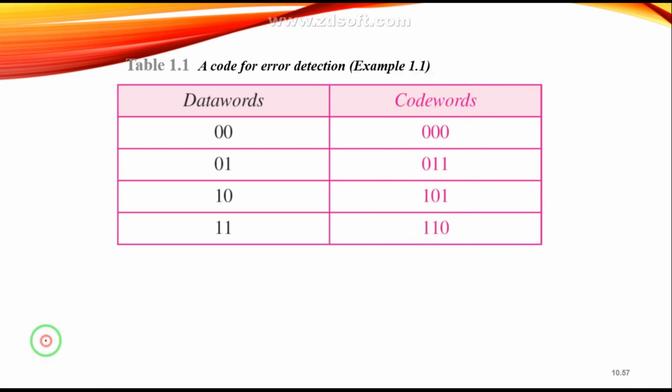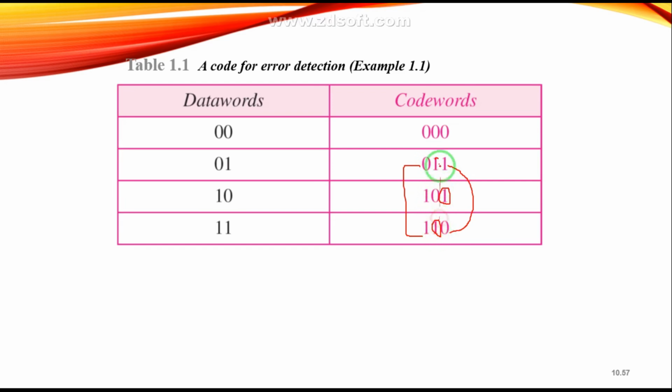Similarly, if you are going to XOR these two code words, 1 XOR with 0 is 1. Similarly, this one is XOR with the second code word, and this is the fourth code word.